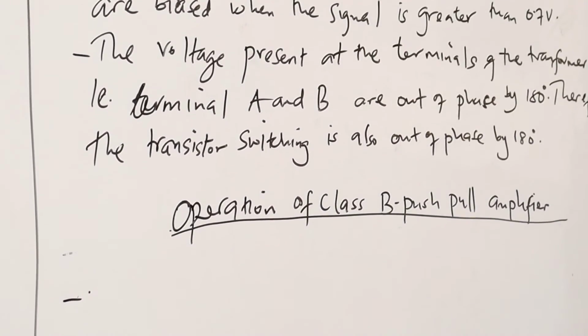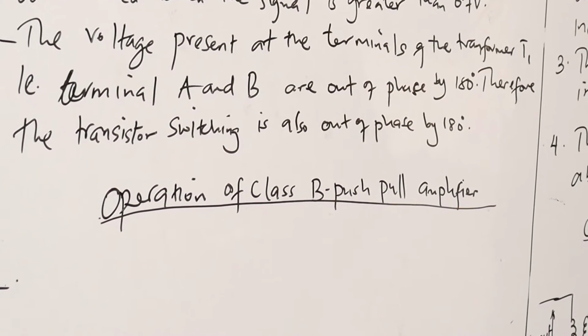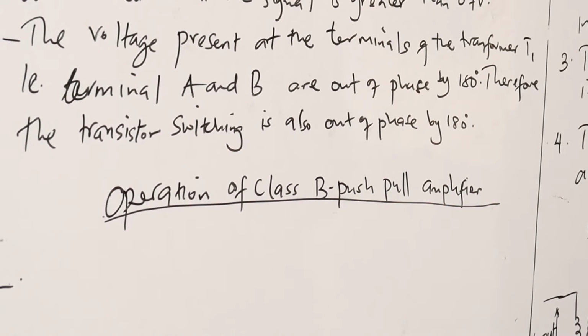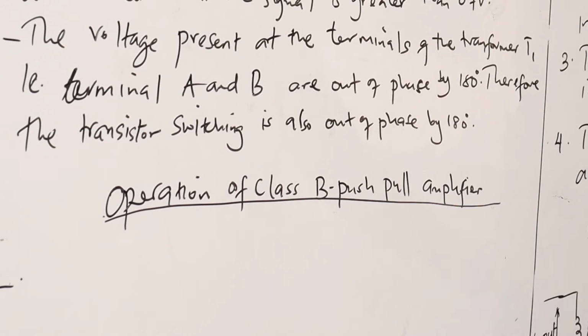The first point you need to know is what are the conditions when there's no input, and what are the conditions where there's an input, and what is the behavior of the transistors.